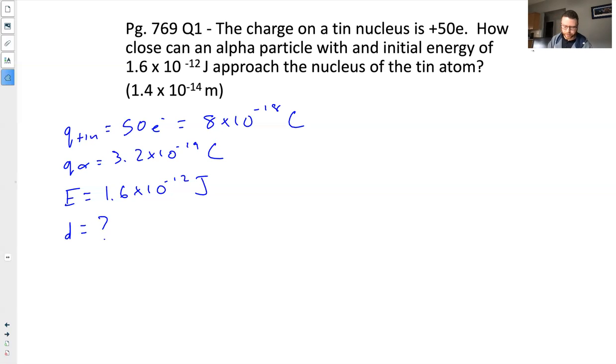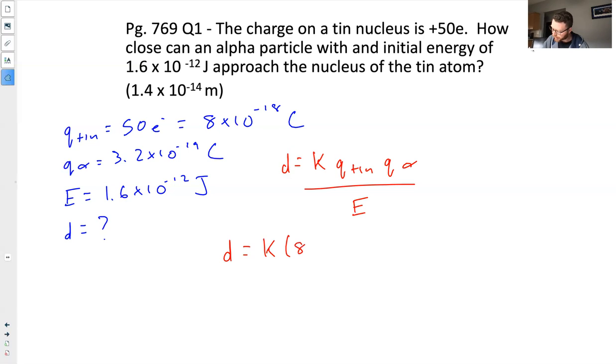So we will use the same formula here, and I'm going to write it in terms of D. D is equal to Coulomb's constant times the charge of tin multiplied by the charge of the alpha particle, divided by the energy. So we'll substitute in those values. D, I'm just going to leave K for Coulomb's constant. Charge of tin, 8 times 10 to the negative 18 coulombs.